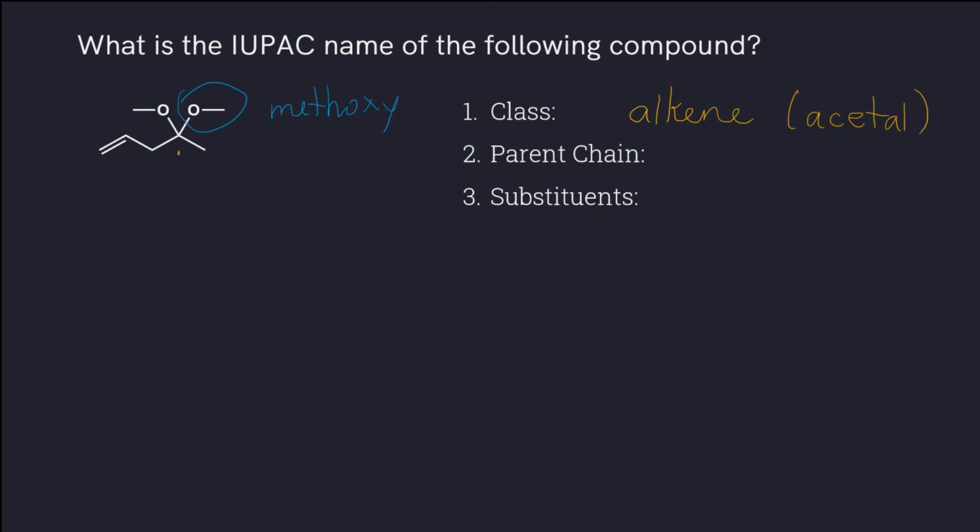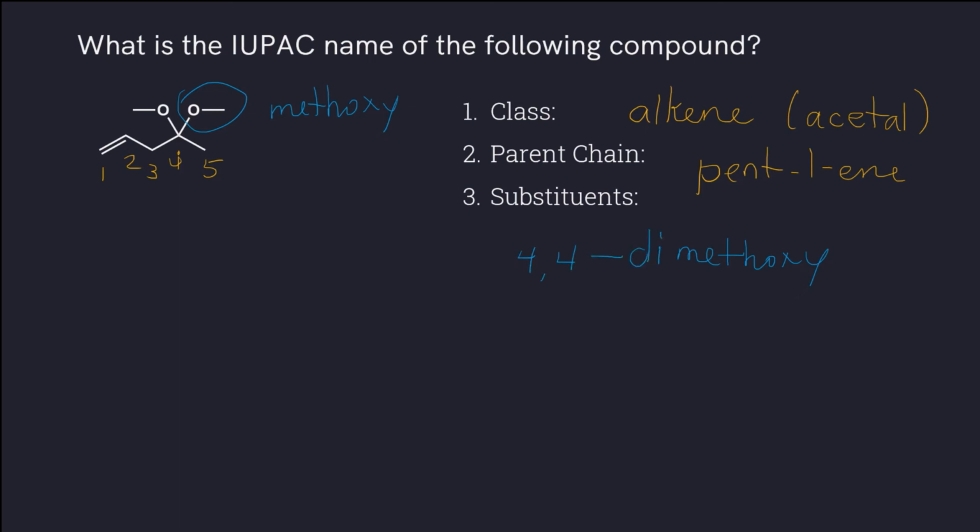So again, we can easily name this by identifying the parent chain, which is pent-1-ene. The substituents are 2 methoxy groups, and they are both positioned at the 4 position.